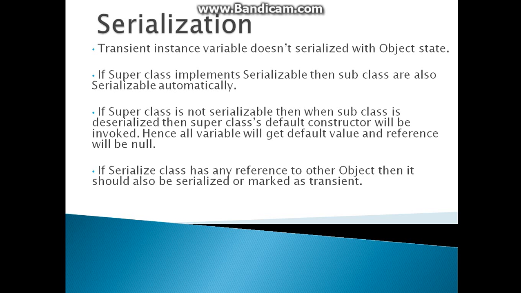Supposing I have one Student class which is implementing the Serializable interface, and I have another class Department which is not implementing the Serializable interface, but I am using the Department class variable inside the Student class. In that case it will throw the error because the Department class is not serializable. Either we have to implement the Serializable interface in the Department class, or we can mark Department as transient.